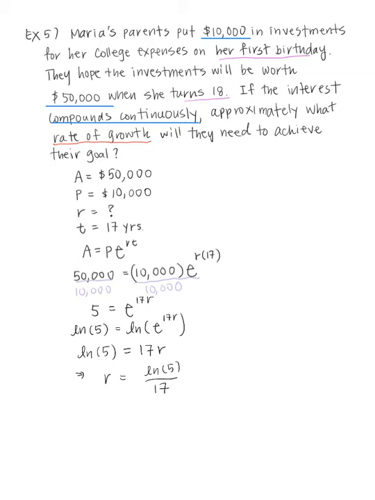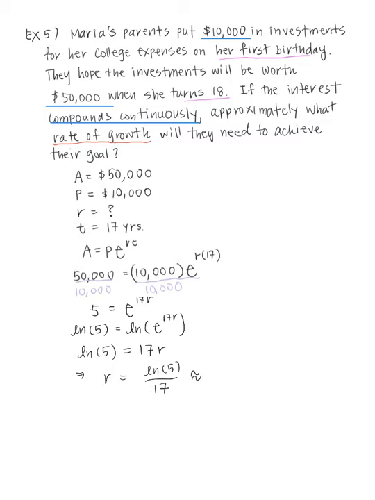Now we need to approximate this. So I'm going to type this in the calculator, and you can do it with me too if you like. You have ln of 5 divided by 17.